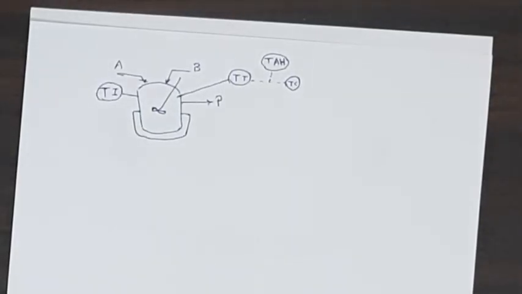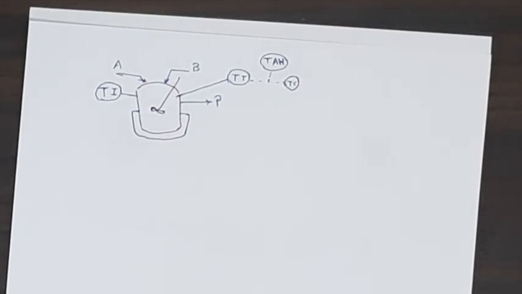So when the temperature is high, there is an alarm that is going to be in the on mode, and the controller will start to take the corrective action. If the heat is high, then the corrective action is to lower the flow rate of the heating medium.